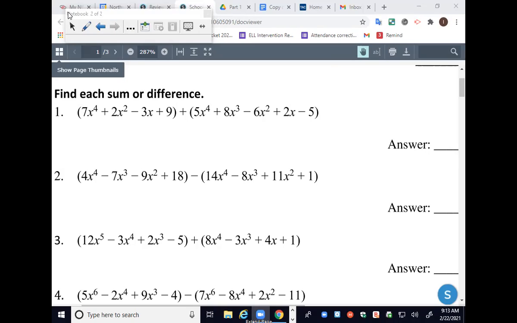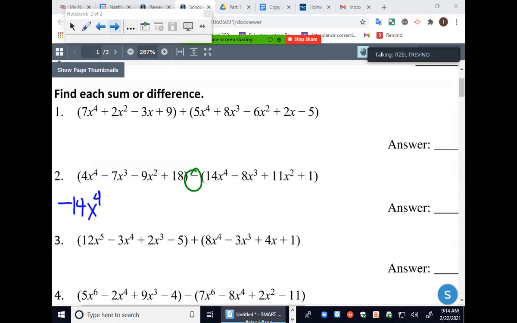But whenever we're subtracting, the first thing we do, we're going to distribute the negative to the next parentheses. So all I'm going to do is rewrite the second parentheses with the negative on the bottom. So 14x to the 4th power, if I distribute the negative, turns into minus 14x to the 4th power. Negative times negative is positive.